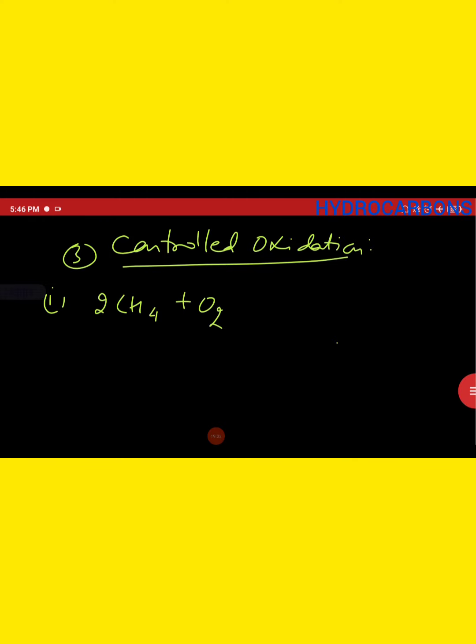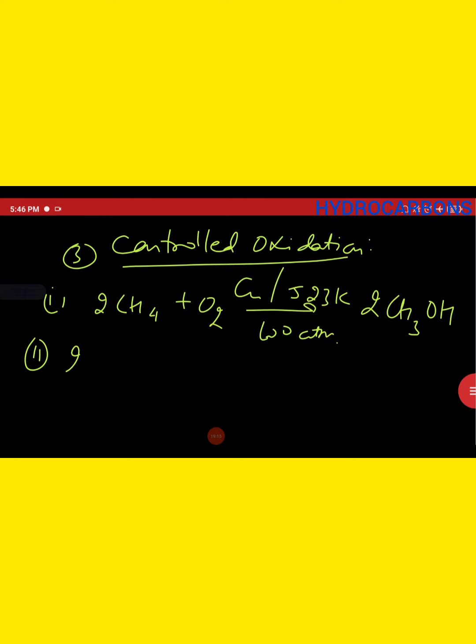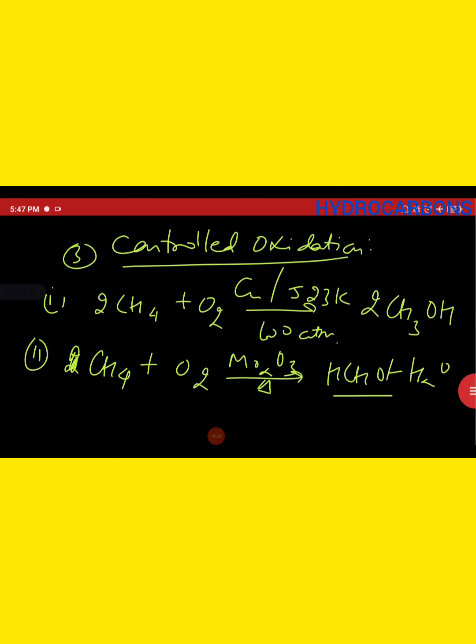For example, in the first case, I am taking copper catalyst at 523 Kelvin temperature and 100 atmospheric pressure. Then in this case, methanol is formed. If we take the same reactants, that is methane and oxygen, but in the presence of molybdenum oxide, then formaldehyde plus water is formed.